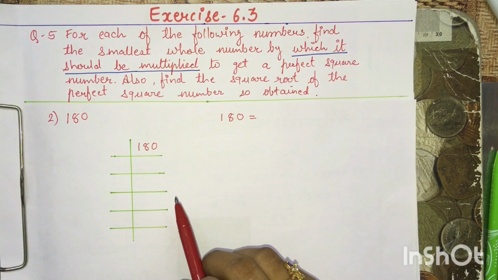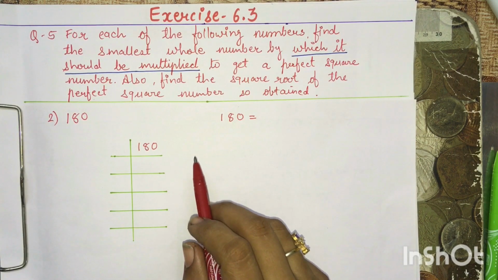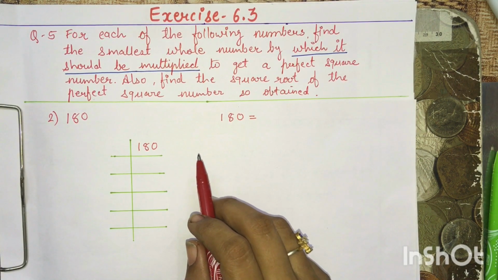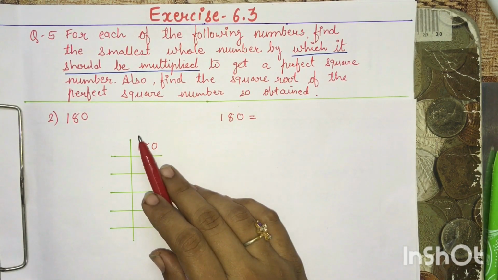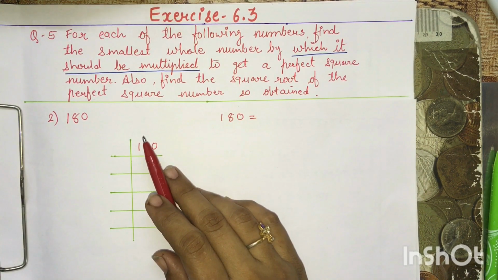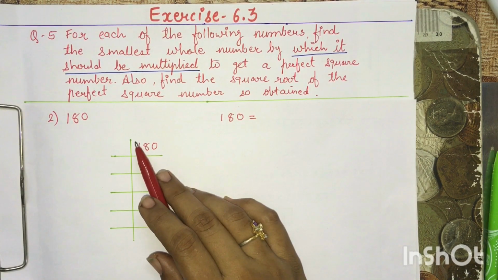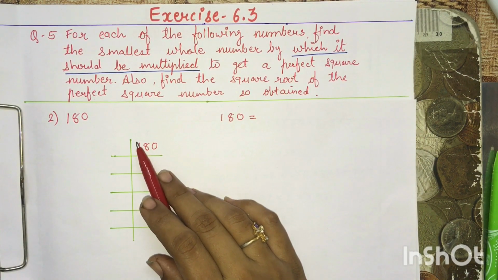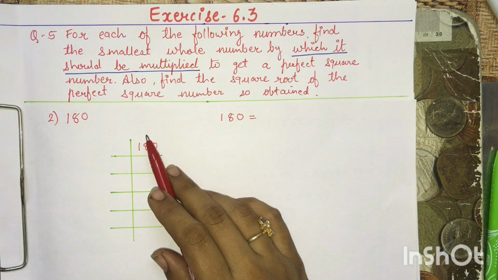So whenever we have to make a perfect square number by multiplication or by division, we will use the method of prime factorization. Here the number which is given to us is a non-square number and we have to convert it into a perfect square by multiplying some number. So here the number we have is 180.